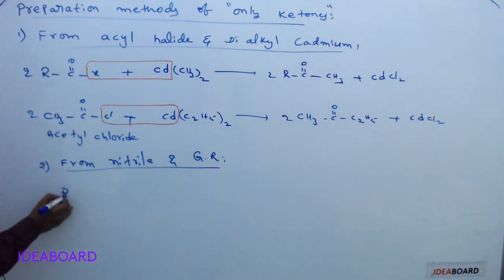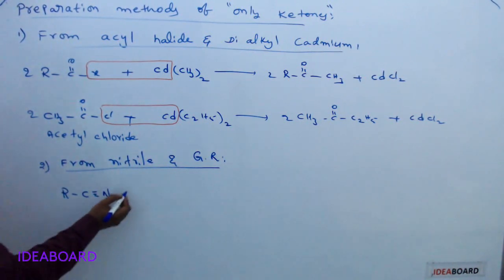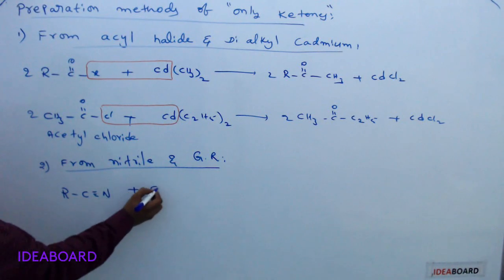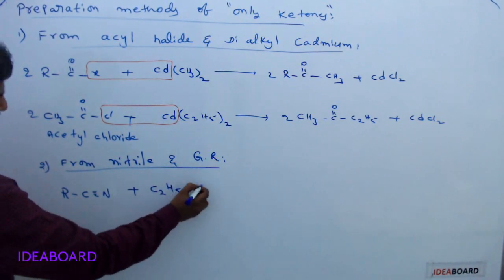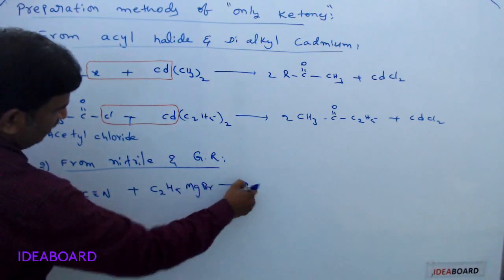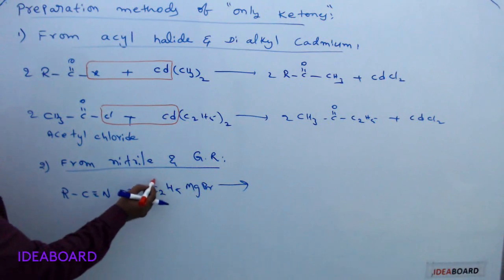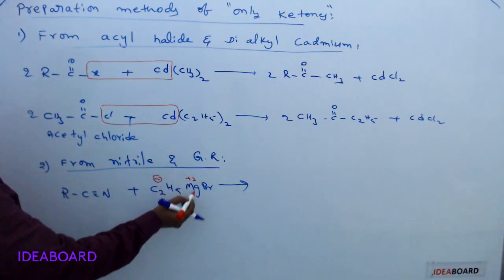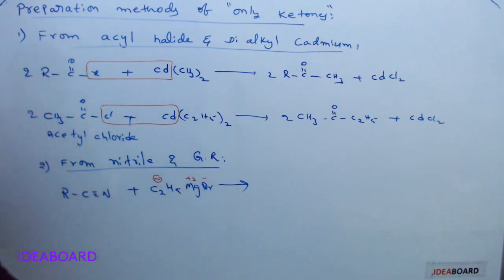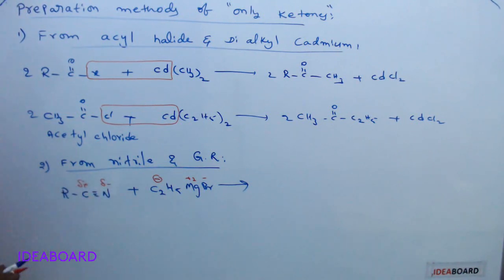Here nitrile means RC≡N is taken, and it reacts with the Grignard reagent C2H5MgBr. We know that a Grignard reagent has an alkyl group with negative charge, magnesium positive, and Br negative. Here it is partial positive and this is partial negative.